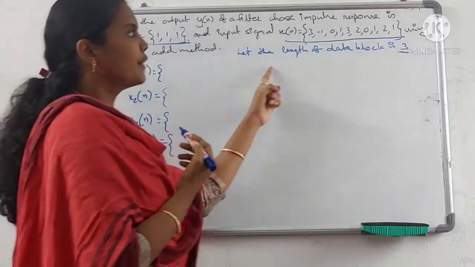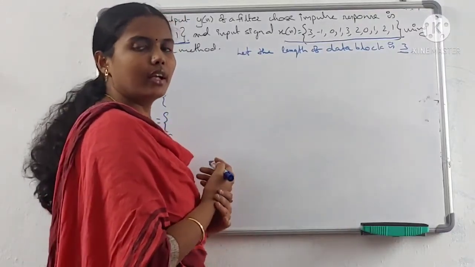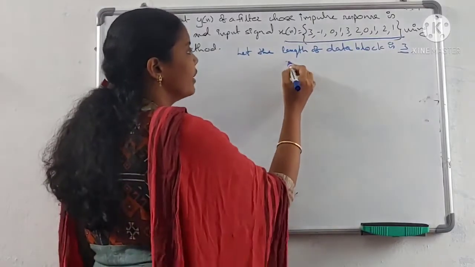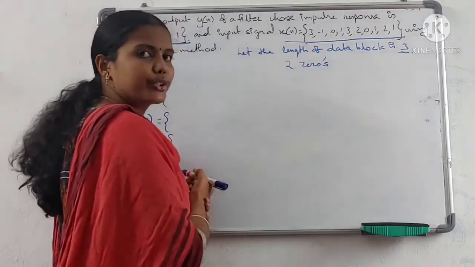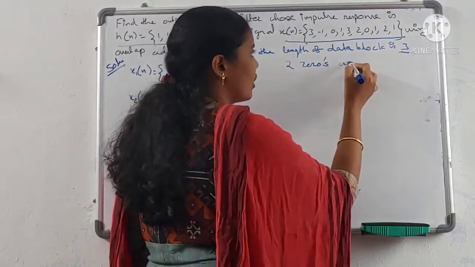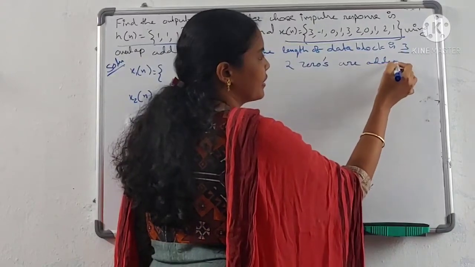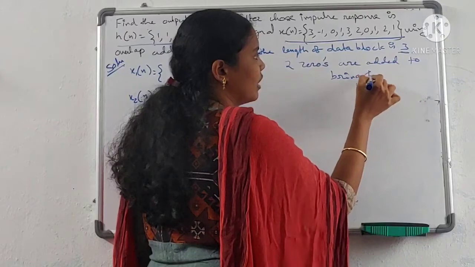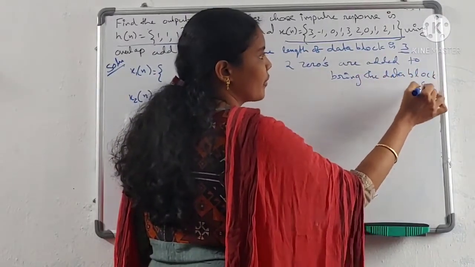Two zeros are added to bring the length of the data block to 5.